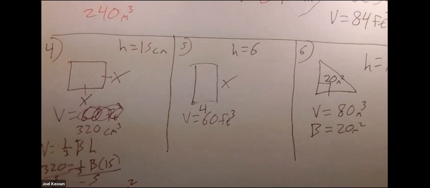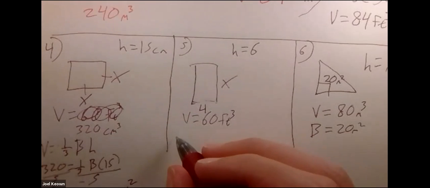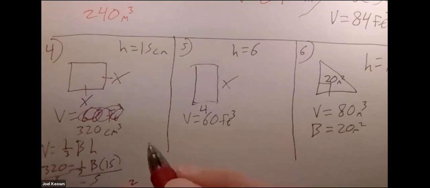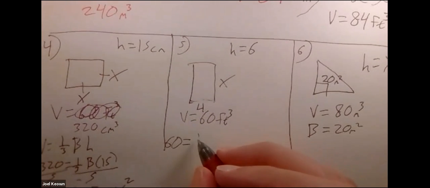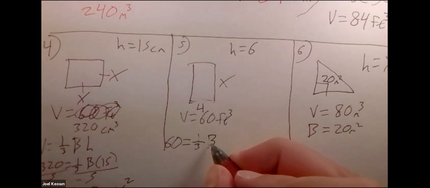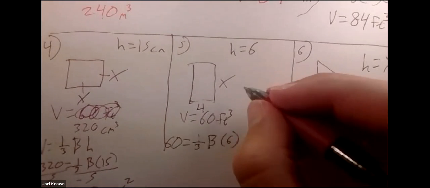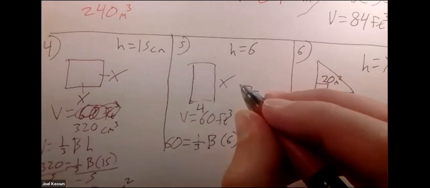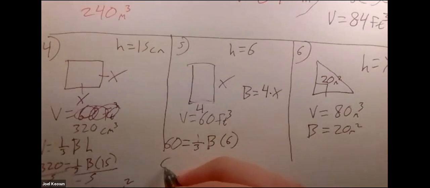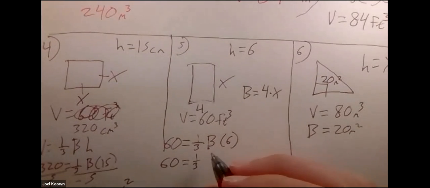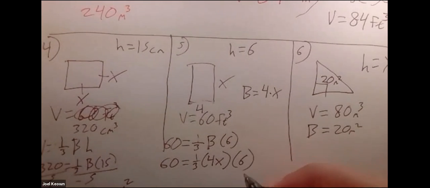Number 5, they tell me there's my volume. They give me my height, and they give me part of the base. So let's plug in. Again, our volume formula is right here. So my volume's 60, and that equals 1/3 base times height. Well, remember, base is going to be this number times this number, 4 times x. So I'm just going to plug that in. 60 equals 1/3, 4 times x times 6.